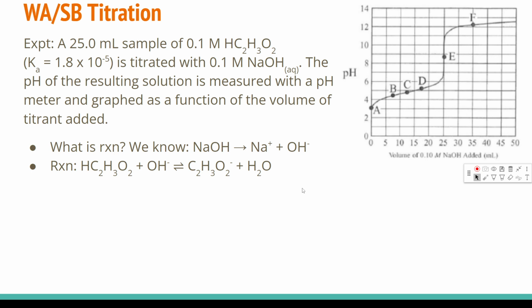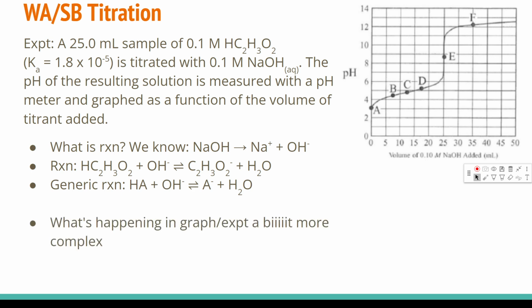I 100% skipped doing the regular reaction and then complete ionic. This is the net ionic. It's the same as what I showed y'all in 8.4, so I'm not going to show it again. And so I just removed the spectators. Hooray. And so we have our generic ones with the weak acid and the strong base. Again, same thing as what I've showed you before.